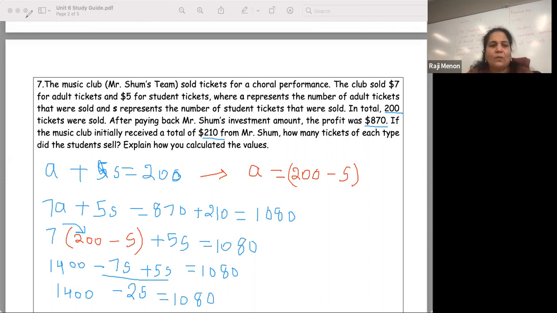Fine. Now we need to move that 1400. Subtract 1400.